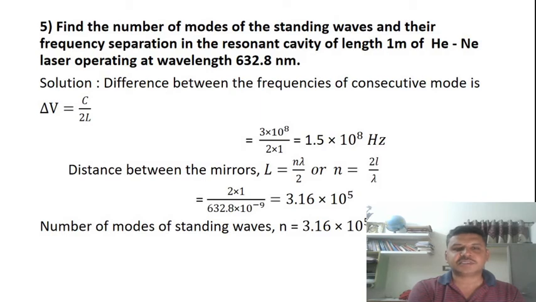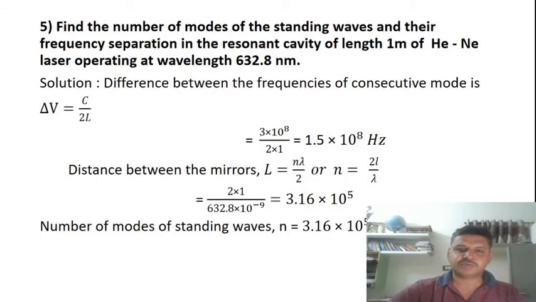The distance between the mirrors, L, is equal to n lambda by 2, or n is equal to 2L by lambda. That is equal to 2 into 1 divided by 632.8 into 10 to the power of minus 9. That is equal to 3.16 into 10 to the power of plus 6. After knowing this, we have to calculate the number of modes of standing waves.